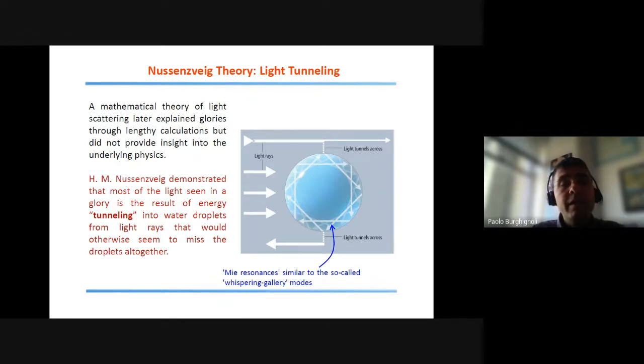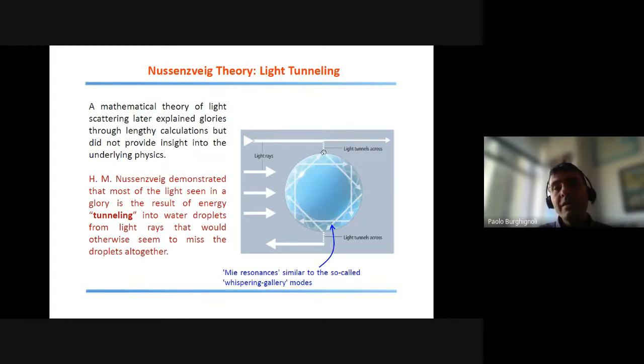However, most of the light that you can see in an optical glory is actually the result of tunneling, wave tunneling, because it originates from rays that do not exactly hit the droplet. They come quite close to it, but they are outside it. And then there is, therefore, tunneling, like the one you can see in the phenomenon of optical frustrated internal reflection.